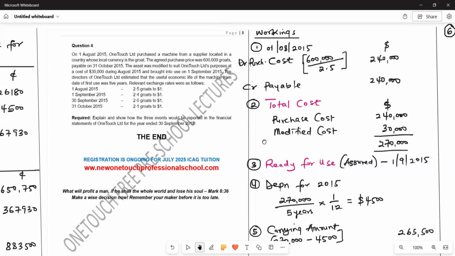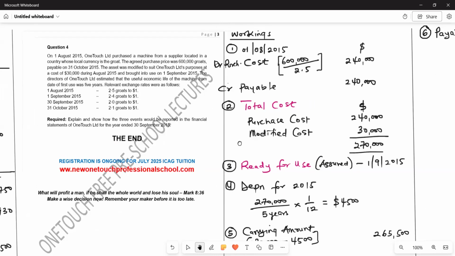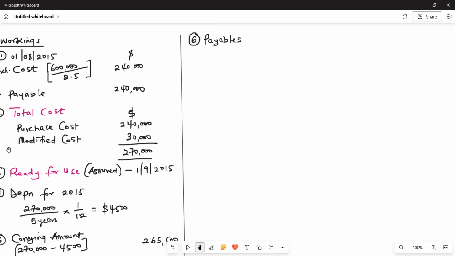Any part payment of the 600,000 that they owed? No, sir. So the payables, we are going to calculate exchange difference on the year-end balance. Did you get it? Yes, please. The year-end balance, so the translated value.